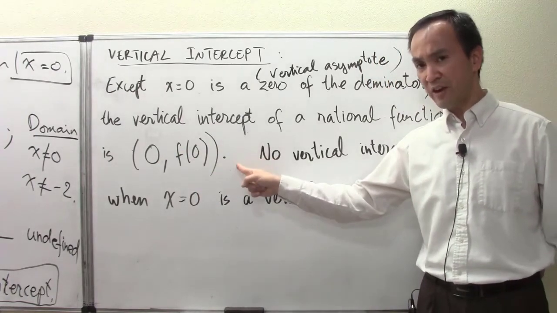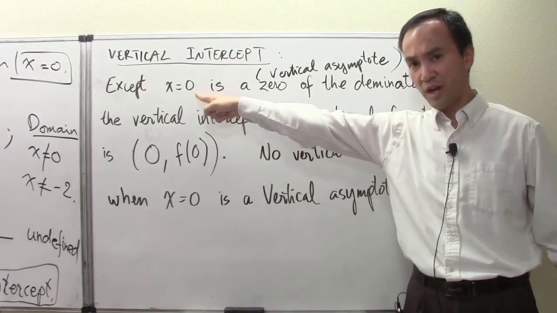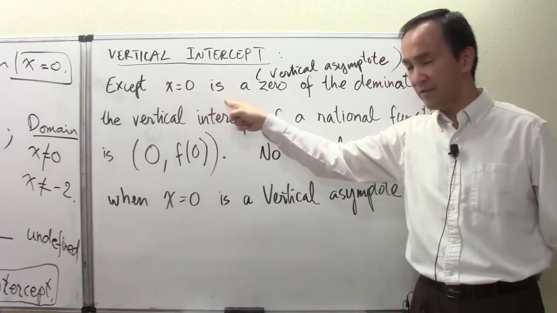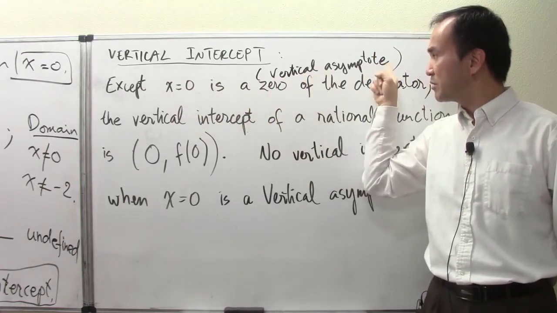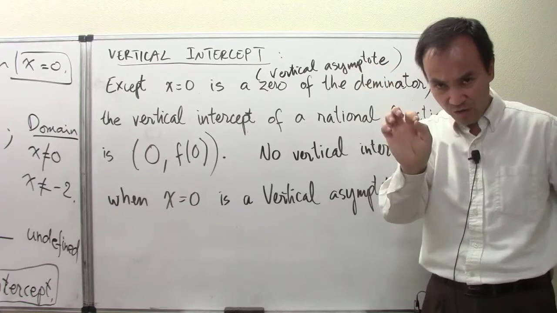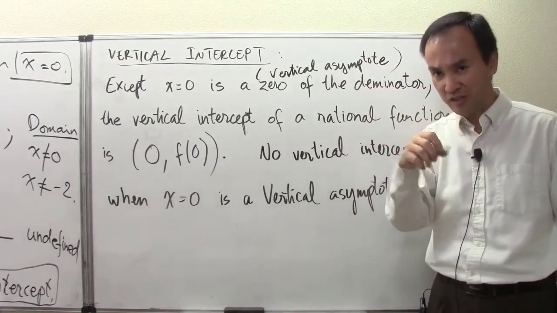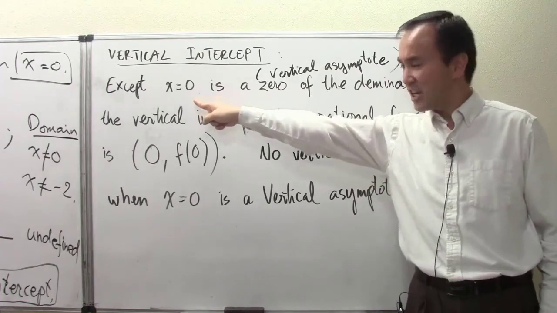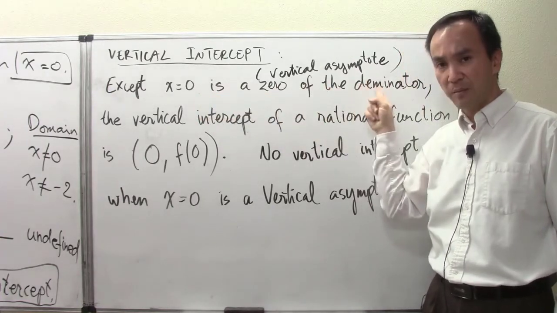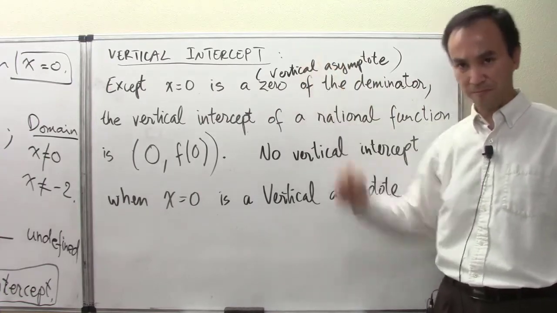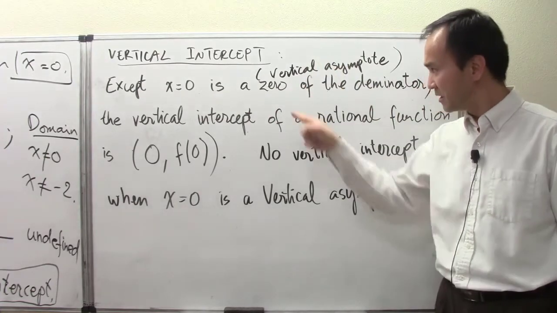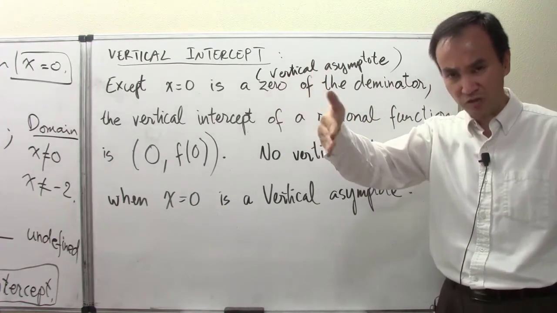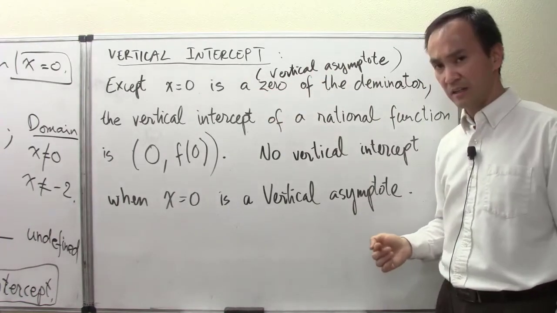But this generality only works anywhere except the case where x equals 0 is a vertical asymptote of our rational function, or except the case where x equals 0 is a 0 of the denominator. These are the two equivalents. The latter is more precise, because when we talked about vertical asymptotes, there could also be times where a vertical asymptote appears to be a hole.